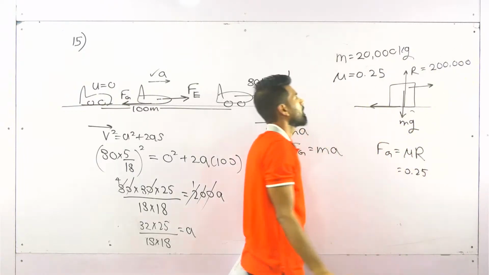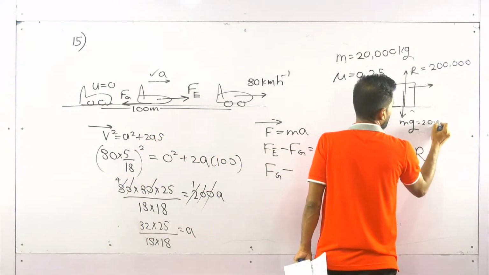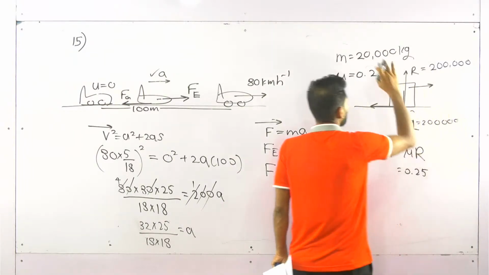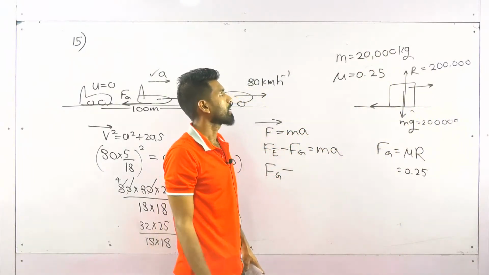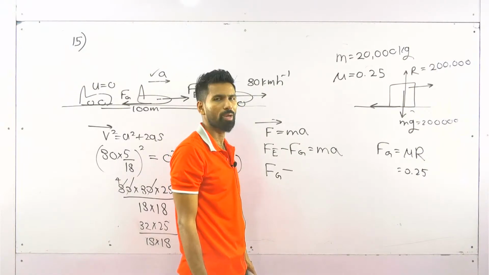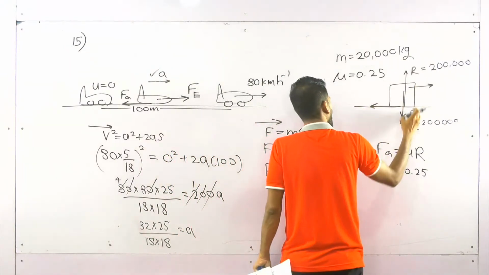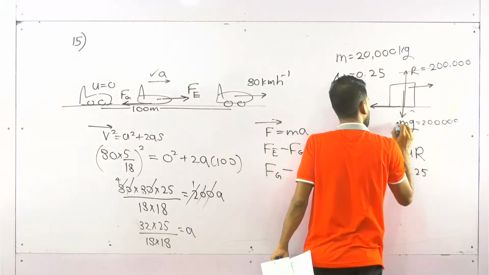200,000. The mass is 20,000 kilograms, and weight will be multiplied by 10, so 200,000. As it's moving horizontally, R should have the same value to cancel out with weight.